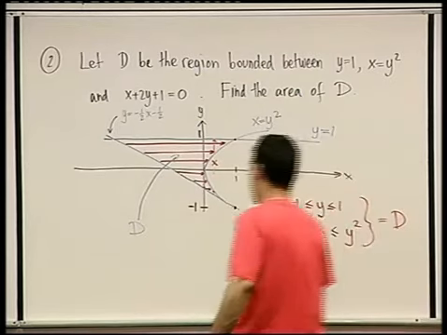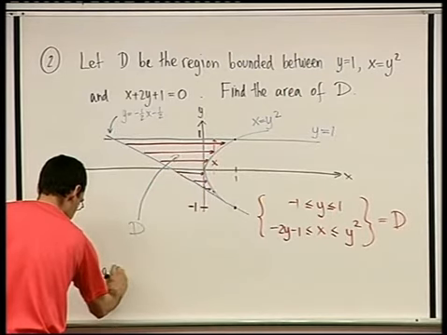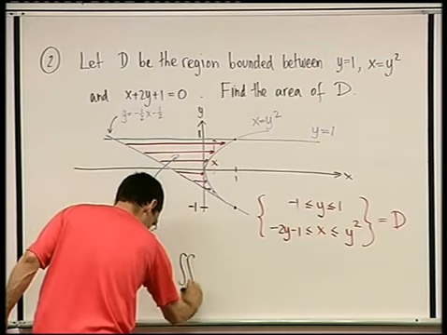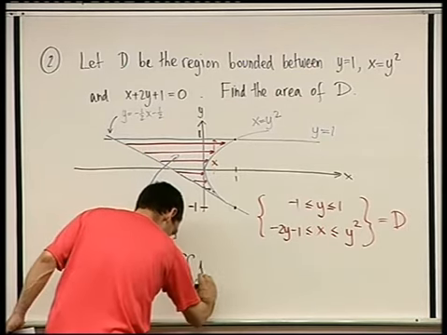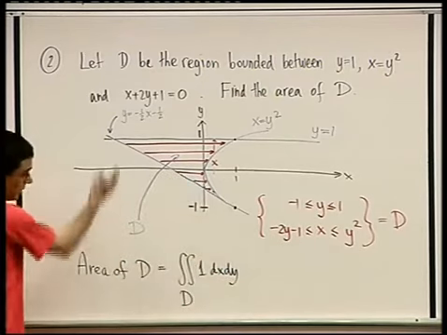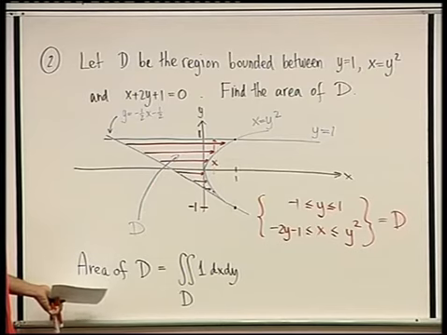So the area of D equals the double integral over D of the function 1. And this is true in general. This is not just for this example. This is true for any domain D in the plane. Does everybody agree to this? Do you understand why this is true?